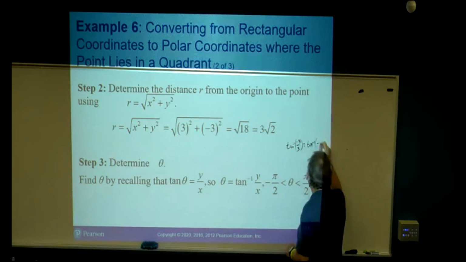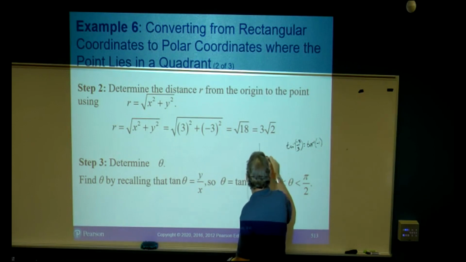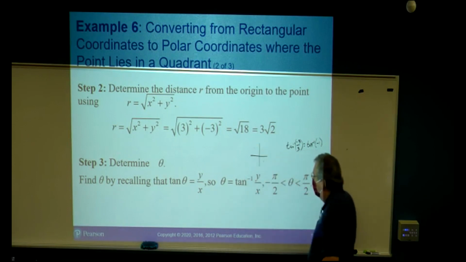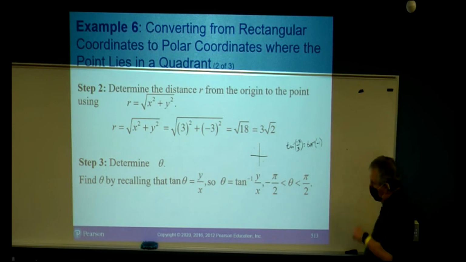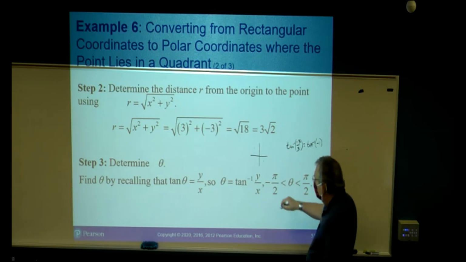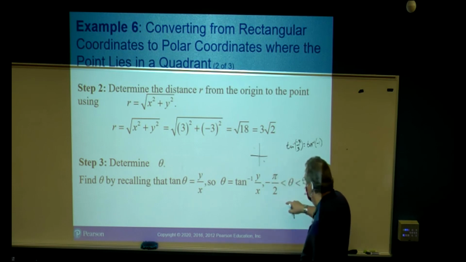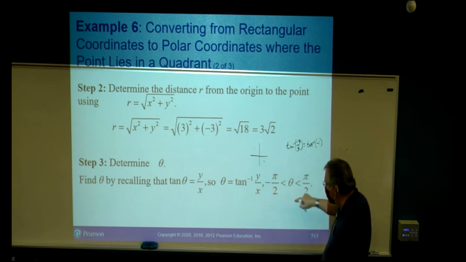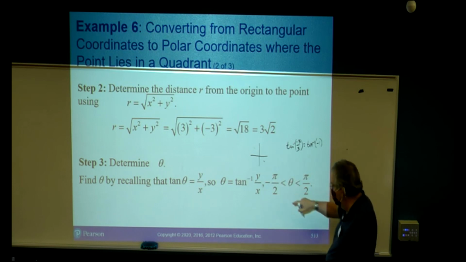Which is the tangent inverse of -1, right? Tangent is negative in the second and fourth quadrant. And I think if you punch this in the calculator, it gives you the fourth quadrant, not the second quadrant, because I think the calculators are programmed so that inverse tangent gives you numbers between -π/2 and π/2.